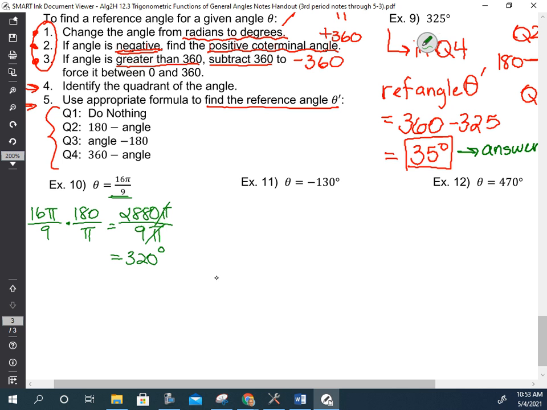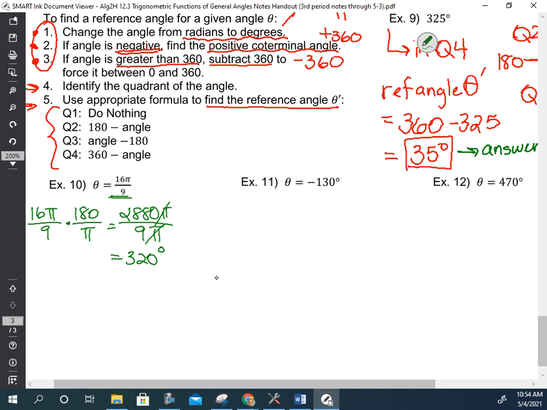So the first step is to change it over. If the angle is negative, well, it's not negative. Move on. If the angle is greater than 360, well, that's not greater than 360. Move on.